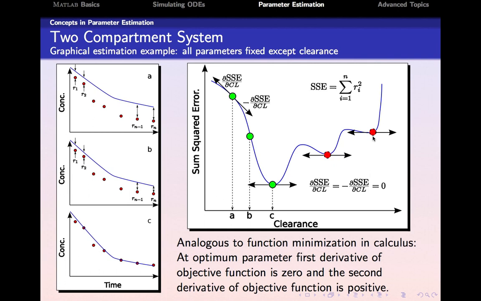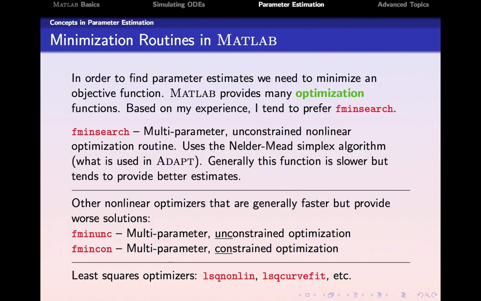So what we need to do, if we want to perform parameter estimation, is perform some sort of function minimization. MATLAB provides many different function minimization routines, and these come with, I believe, the optimization toolbox in MATLAB.